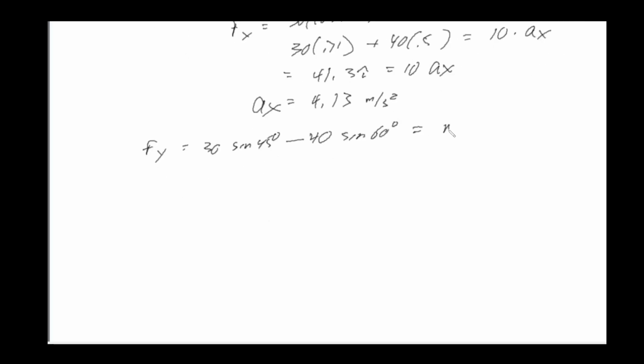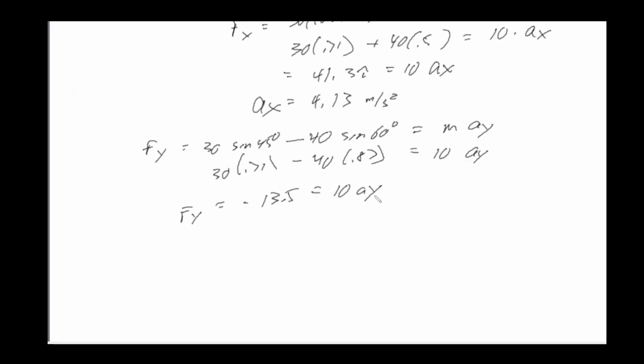And that again is equal to mass times acceleration in the y direction. So if we work this through, we get 30 times 0.71 minus 40 times 0.87 equals 10 ay. And following that through, we get Fy is equal to minus 13.5, which is equal to 10 ay, or acceleration in the y direction is minus 1.35.